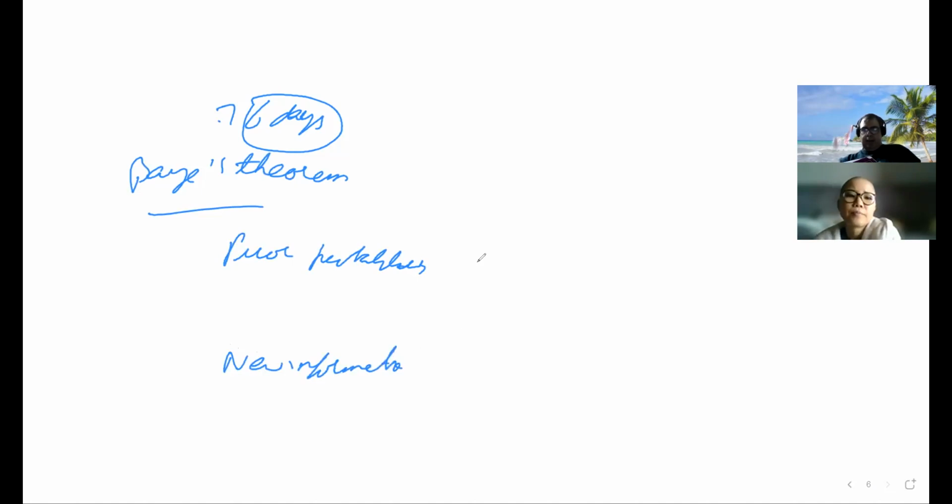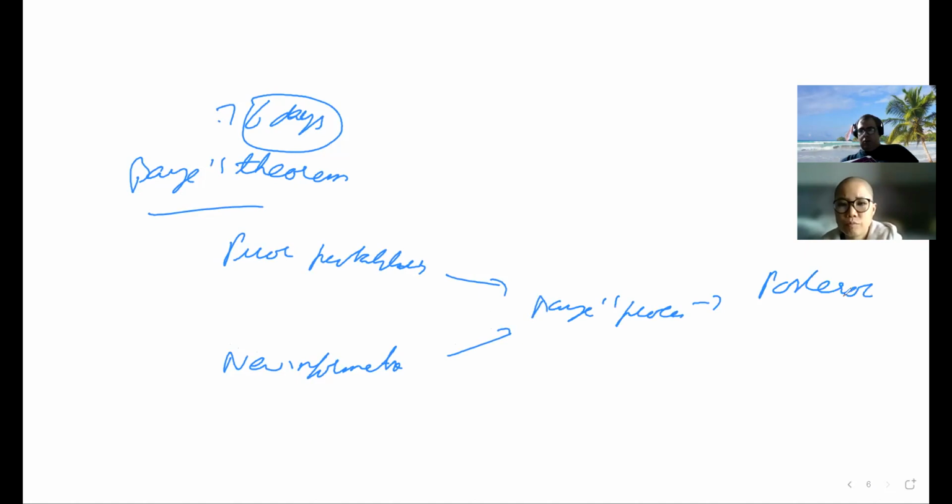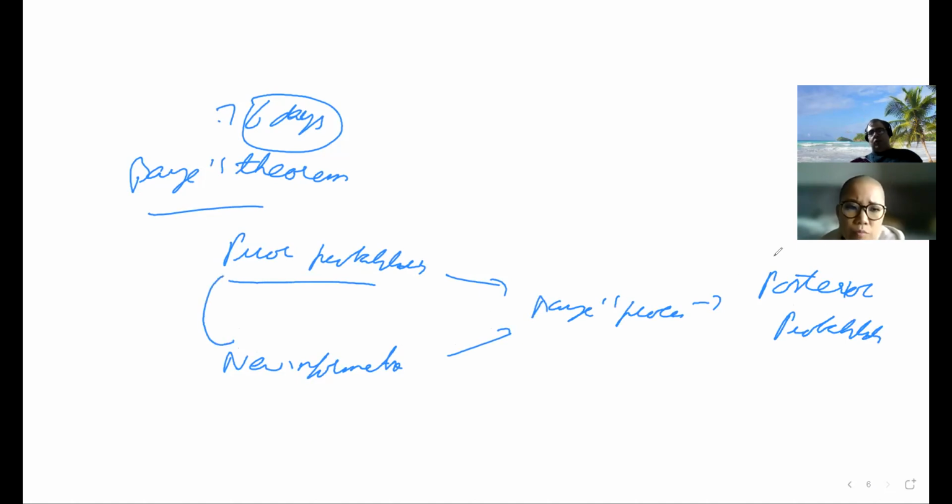Then you apply the Bayes process, and it will give a posterior probability, that is a new probability. So when you include some new information with a prior probability, you will find a posterior probability. This is the definition of Bayes theorem.